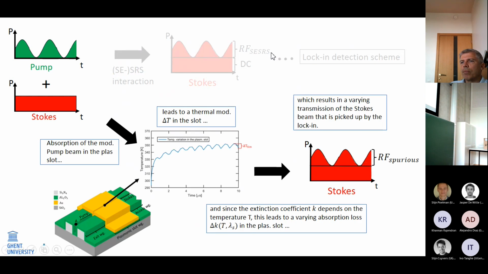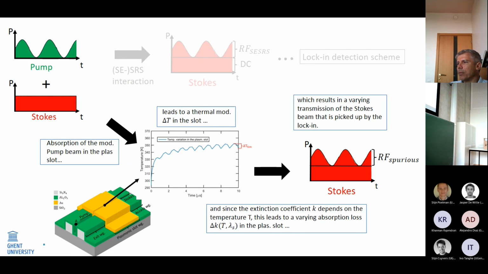But in the same way, what also happens is that this modulated pump will get absorbed in the plasmonic slot. And there, after the temperature is in the steady state, you can see that there is still the presence of this thermal modulation inside of this plasmonic slot. And that's due to the modulated pump laser.